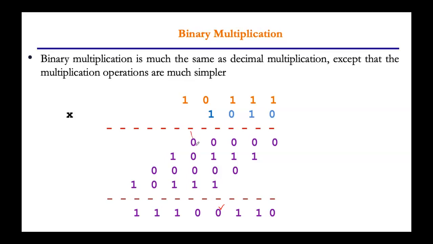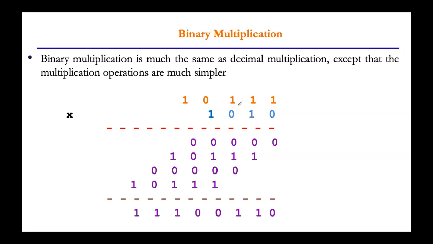Okay, then 1 plus 0 is 1, 1 plus 0 is 1, 1 plus 1 is 10, 0 here and carry here. 1 plus 1 is 2, 2 plus 0 is 2, 2 plus 1 is 3, that is 1 here and 1 here. So the result: 1 plus 0 is 1, 1 plus 0 is 1, and finally the last one is 1. So this is simple binary multiplication.